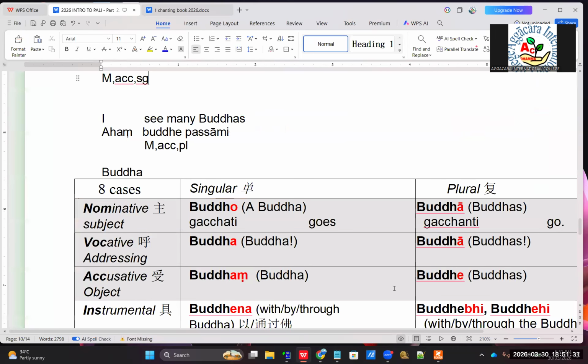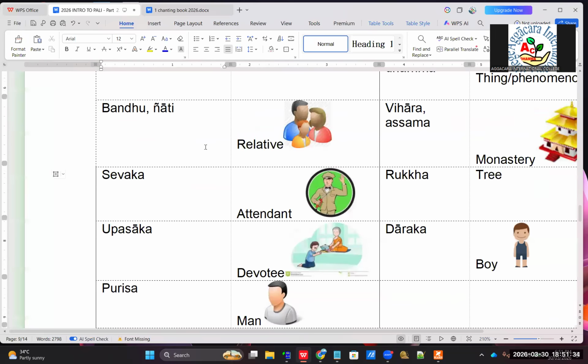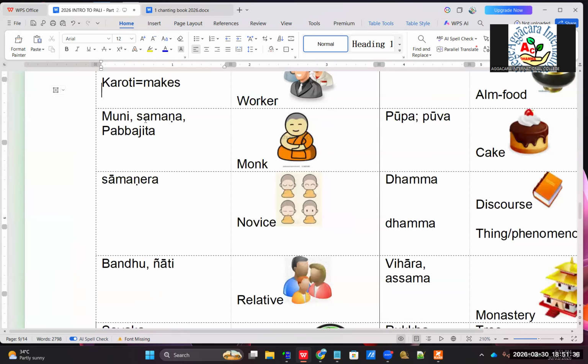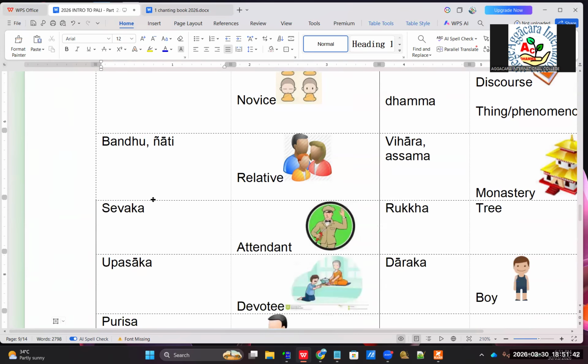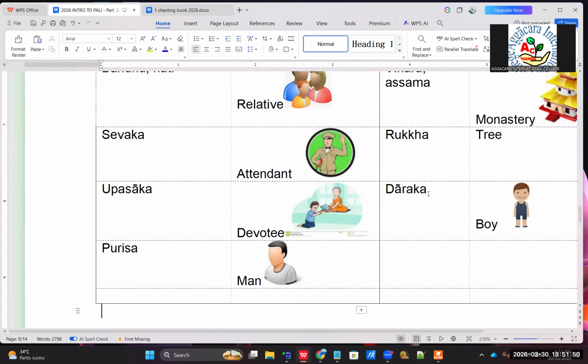You can even write Samana, Pabbajita, Samanera, Sawaka, Upasaka, Ruka, Daraka. Choose those ending with A only. Don't choose the I.